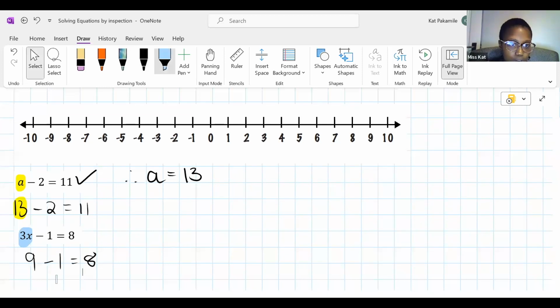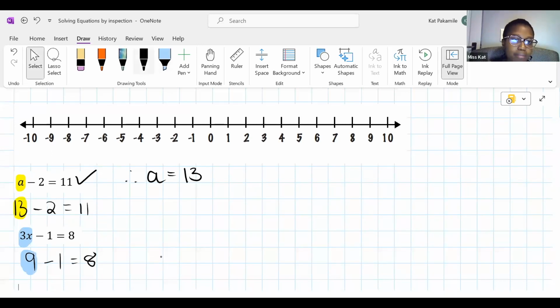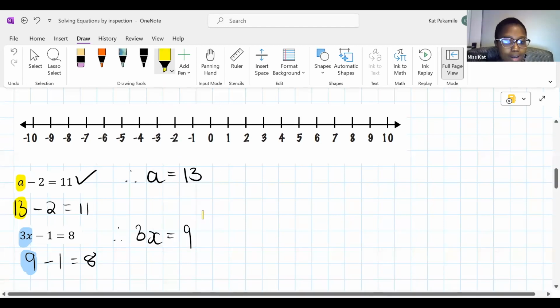And then you can conclude that since 9 does the same job as 3x in the sum, therefore 3x will be equal to 9. That is step 1. This is why we call it a 2-step inspection. Step 2 says, what number multiplied by 3 will give me 9?